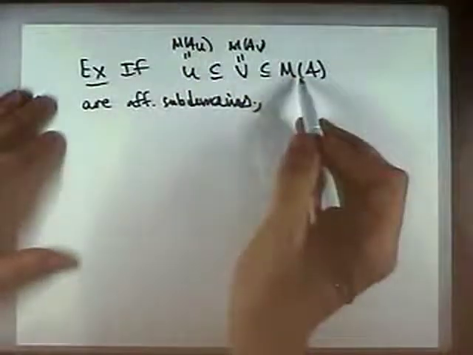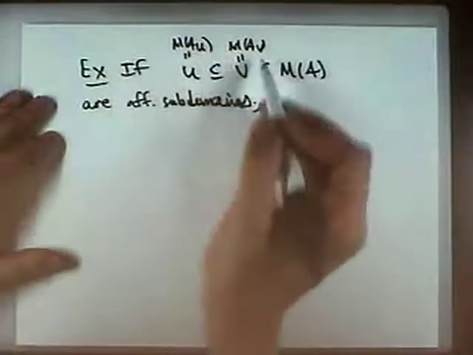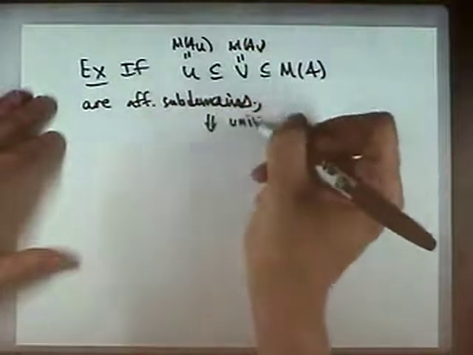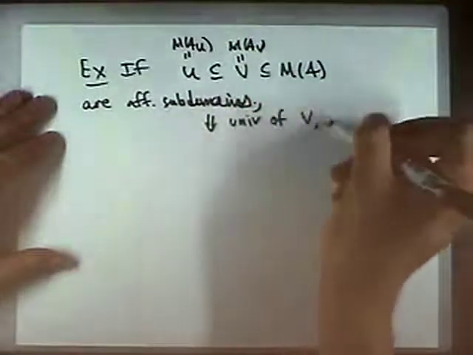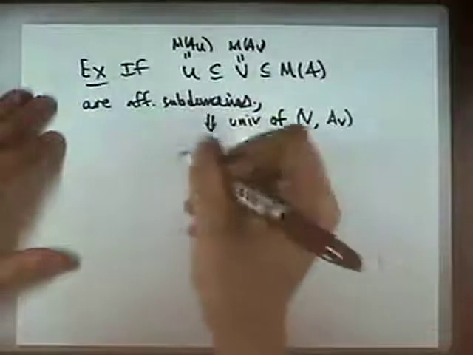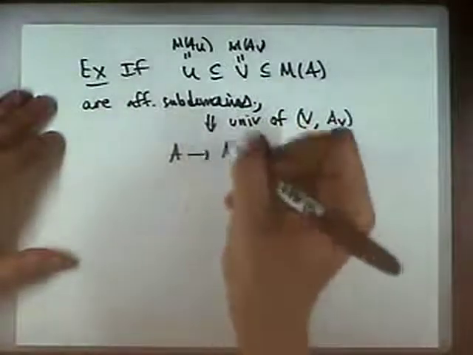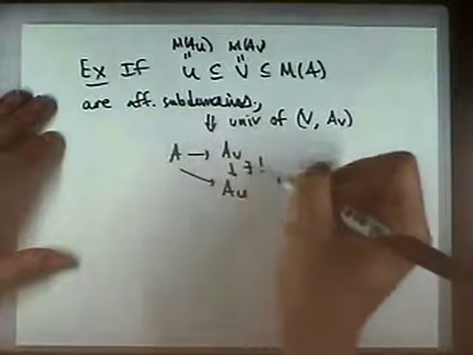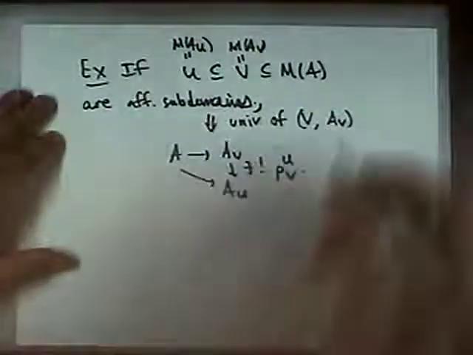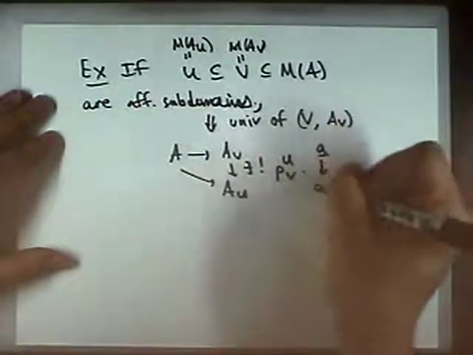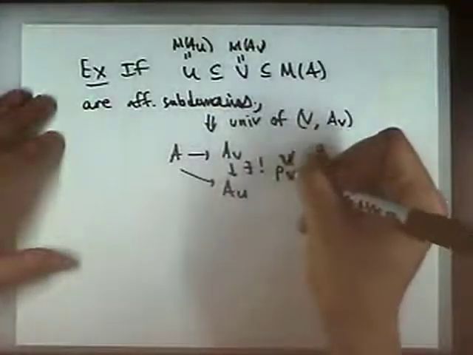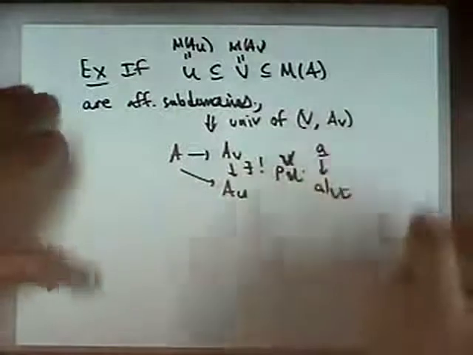Since this map corresponds to A goes to A_U, and it factors through this, we get by the universal property of V a natural map, the map A to A_V, A to A_U, that there's a unique map. Maybe you call it restriction from U to V. Call this map A restricted to V, whoops, let's try A restricted to U. Okay? So it's just notation.